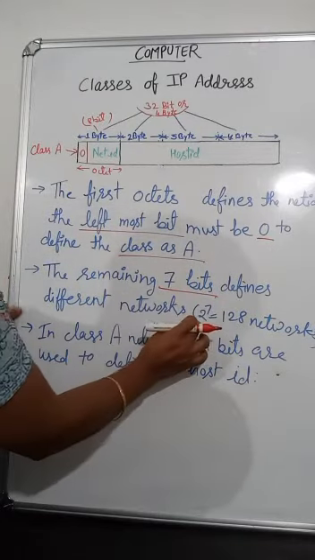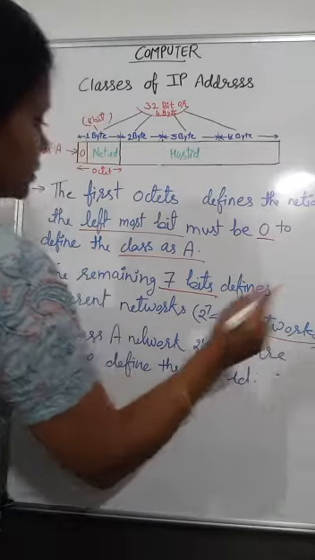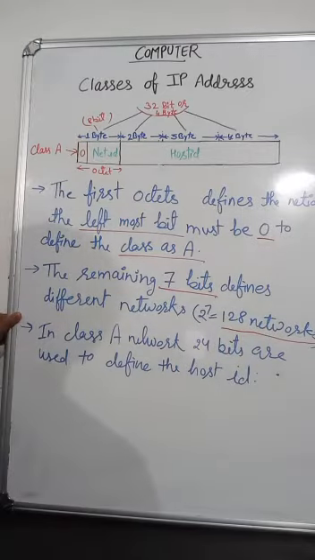7 bits means 2 to the power 7, so the total number of different networks is 128. In class A, 24 bits are used to define the host ID.